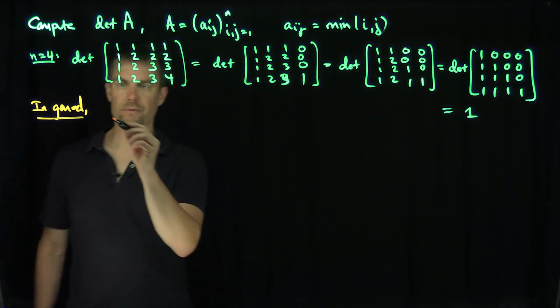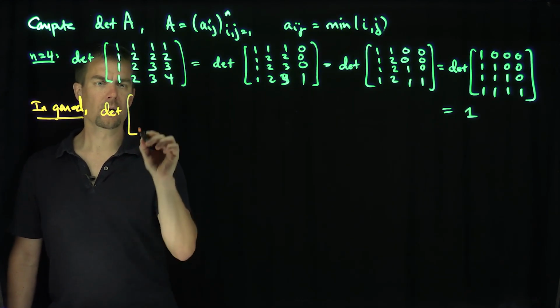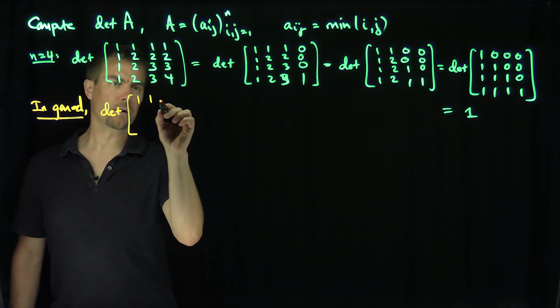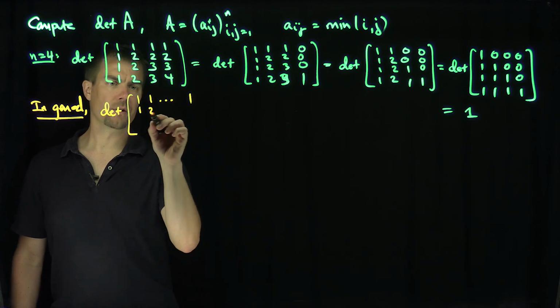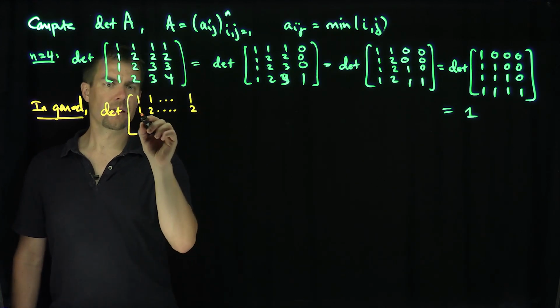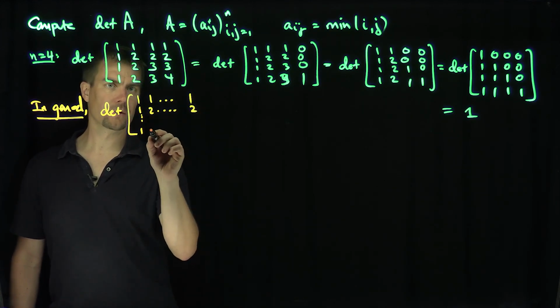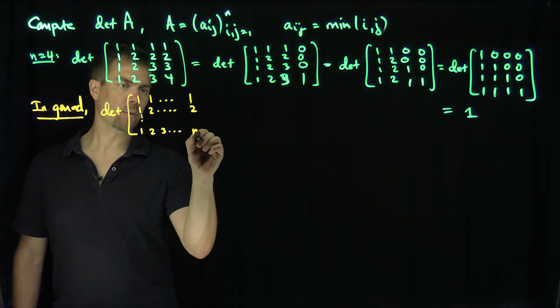In general, what do we have? We'll have the determinant of 1, 1, all down to 1, then 1, 2, all the way down to 2. Then the very last row will be 1, 2, 3, all the way down to n.